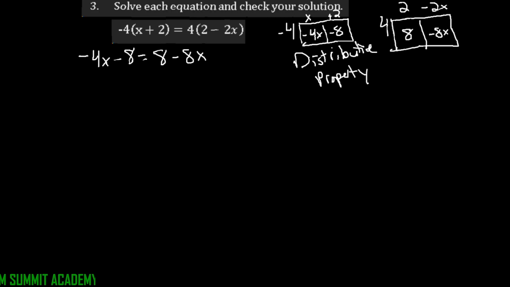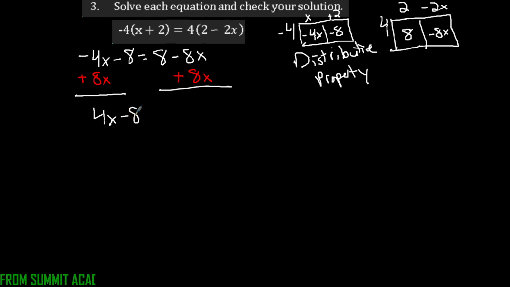Make sure you add the opposite to both sides. Since -8x is the lowest coefficient, I add the opposite to both sides, so add 8x to both sides. And there's going to be 4x minus 8 equals 8.